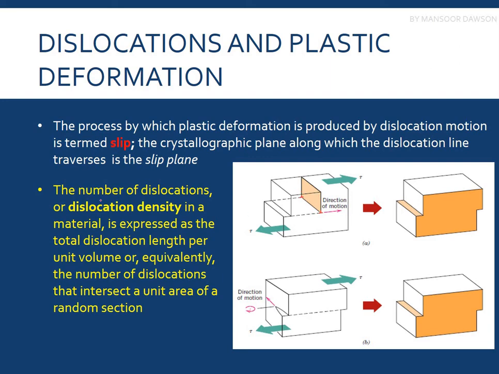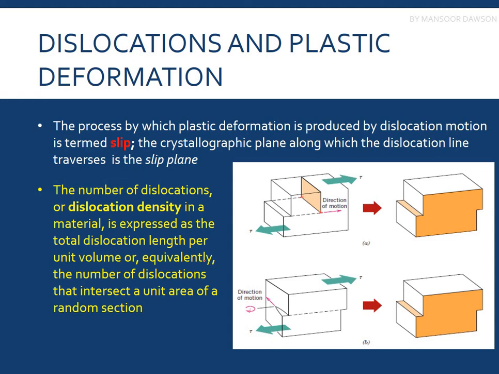The dislocation density, as discussed previously, in a material is expressed as the total dislocation length per unit volume, or equivalently the number of dislocations that intersect a unit area of random section.